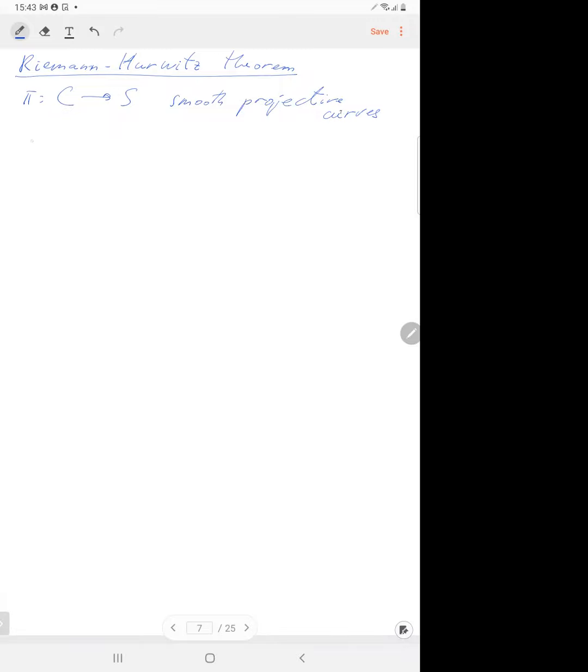So then twice genus of the upper curve minus 2 is the degree of our covering pi. Yeah, maybe I should say that pi is not constant to a point, so it's dominant.